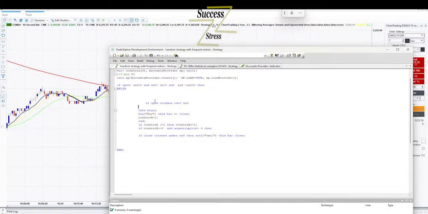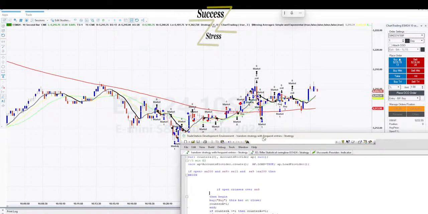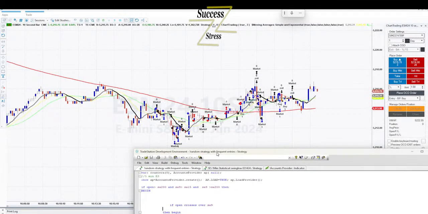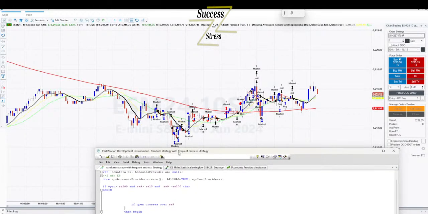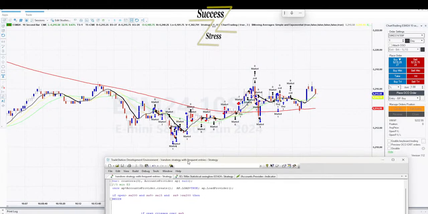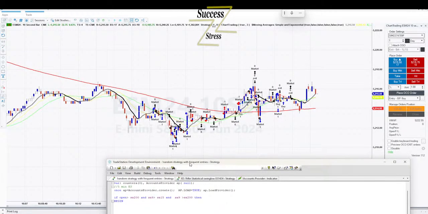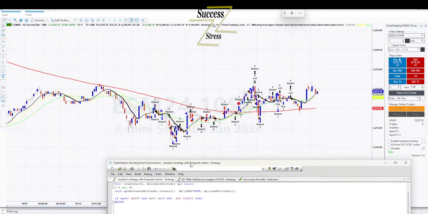Over 200. What are we doing here? Okay, those are all market entries.